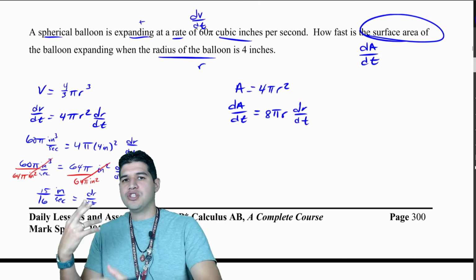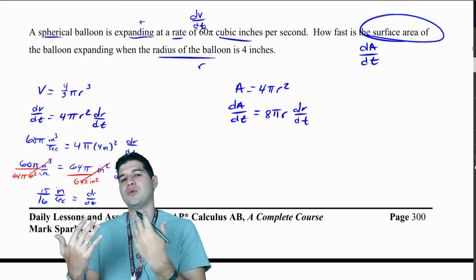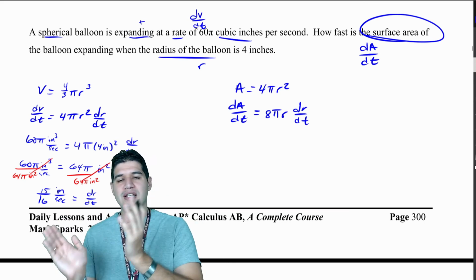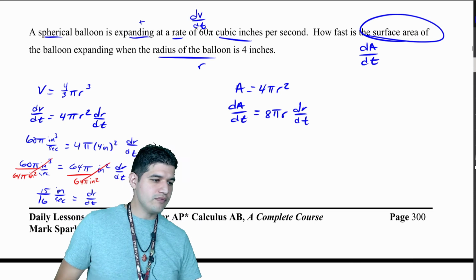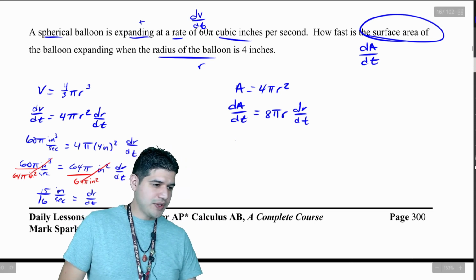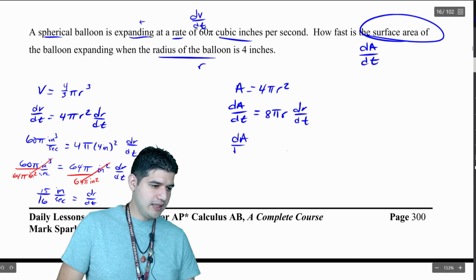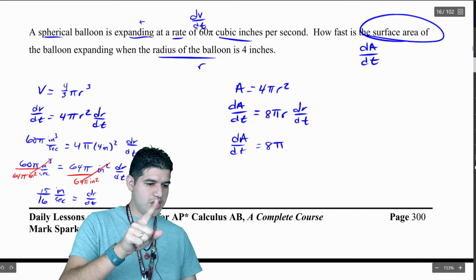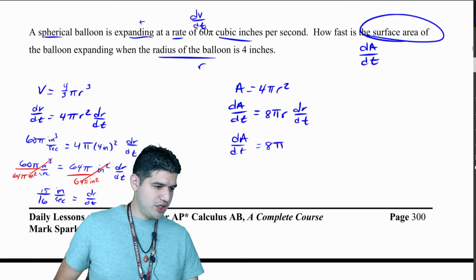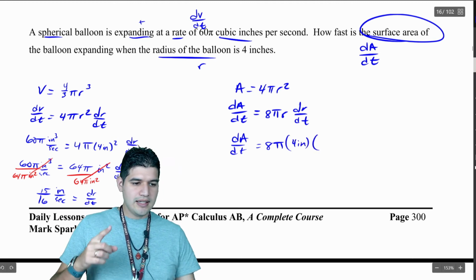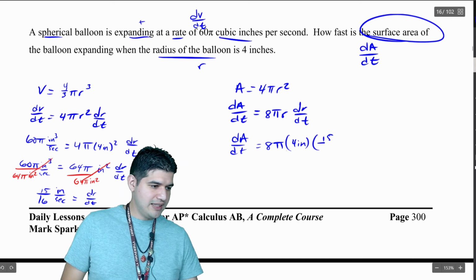So it doesn't really matter the order, but you will need this at a certain point. So I just try to do some forward planning and be like, okay, what do I need? What can I solve for now? And then use later. So dA/dt is what I want to solve for. So dA/dt equals 8 pi r, which is 4 inches. So 4 inches. And then dr/dt is 15 over 16 inches per second.